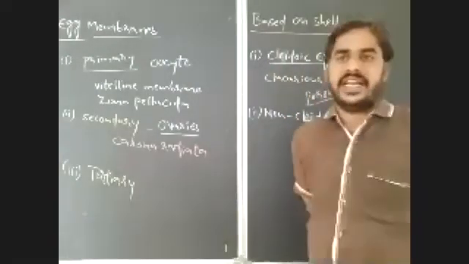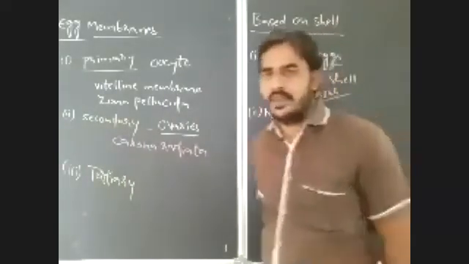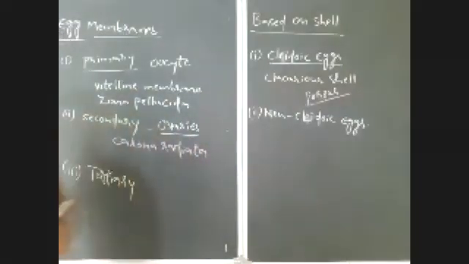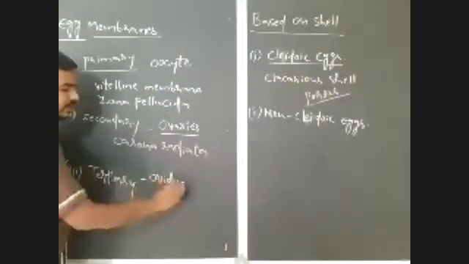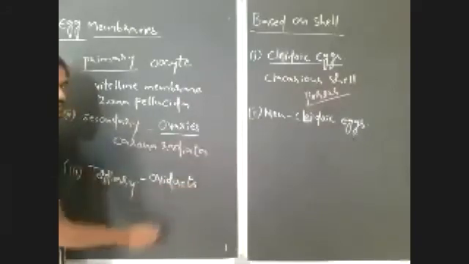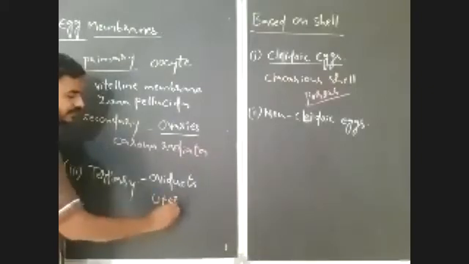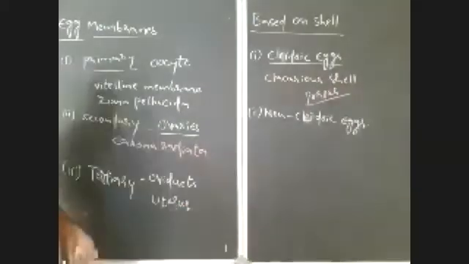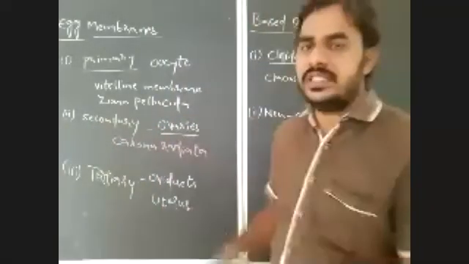The egg membranes which are secreted by the fallopian tubes and uterus. The egg membranes which are produced in the oviducts, that is the fallopian tubes, and also in the uterus of the mother. So if the egg membranes are formed in the oviduct or uterus, they are known as tertiary egg membranes.